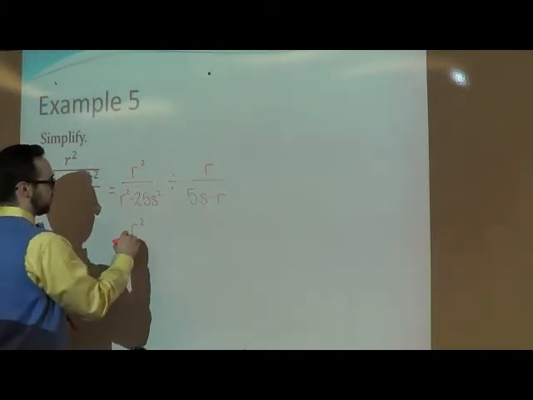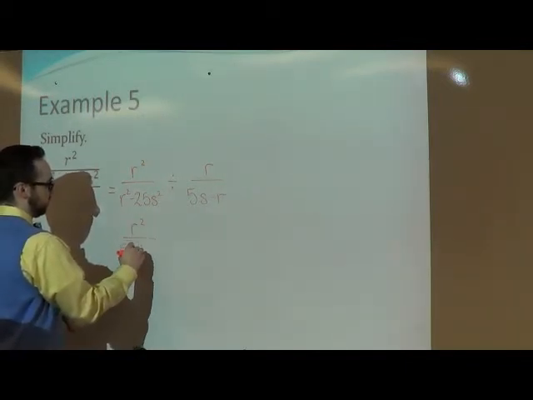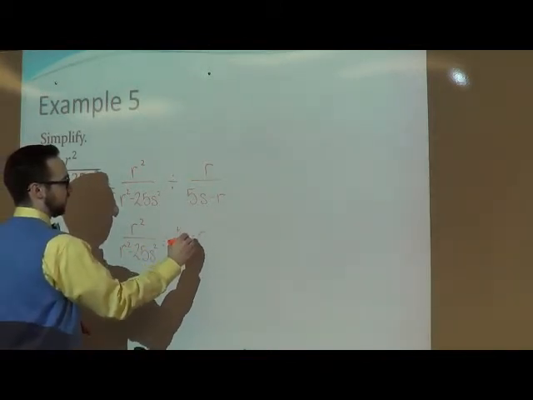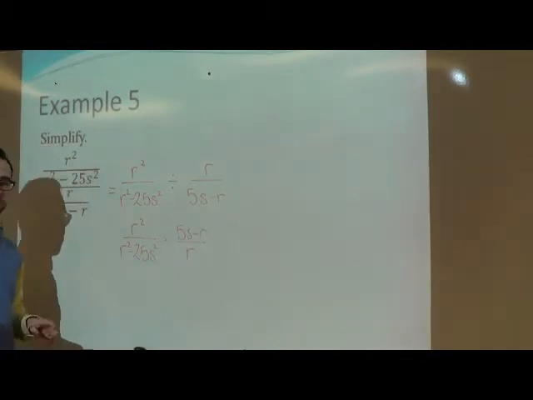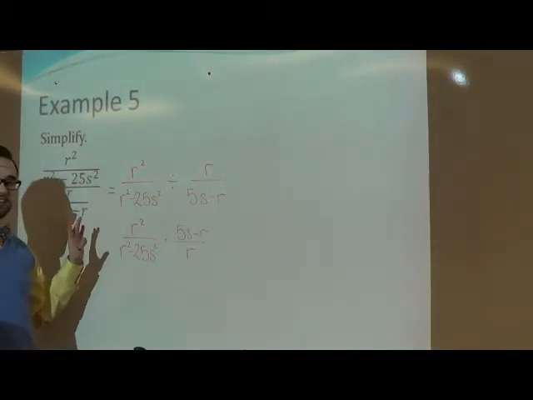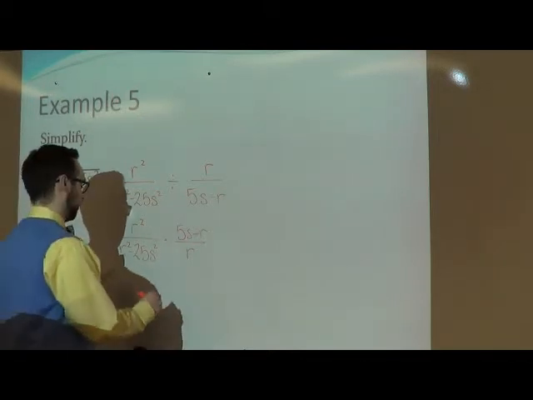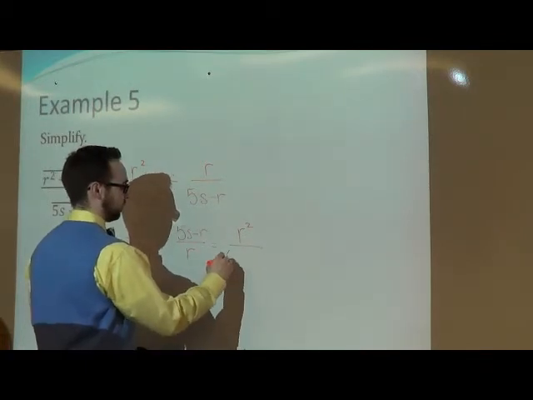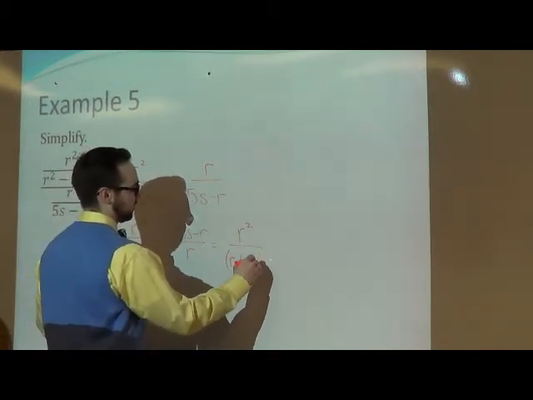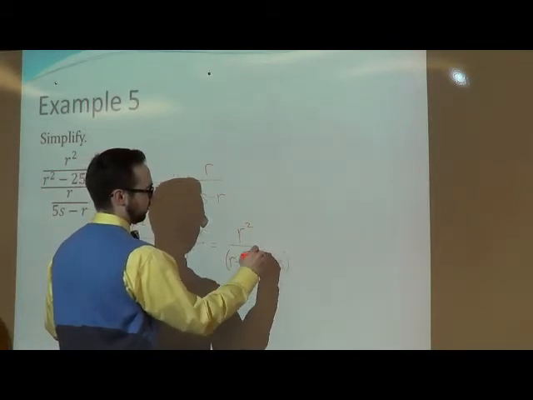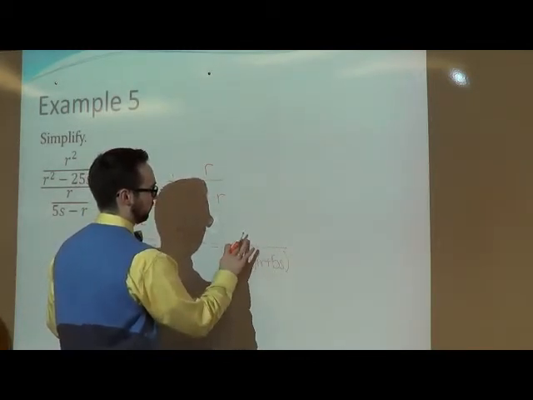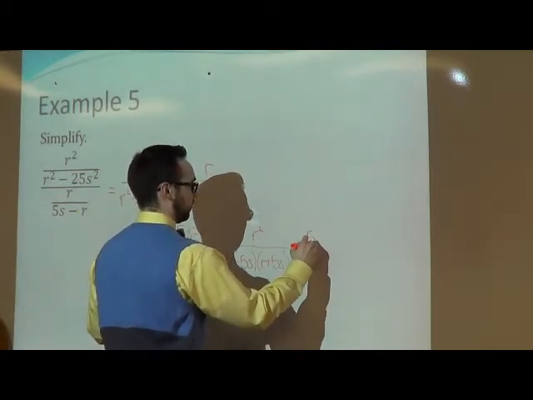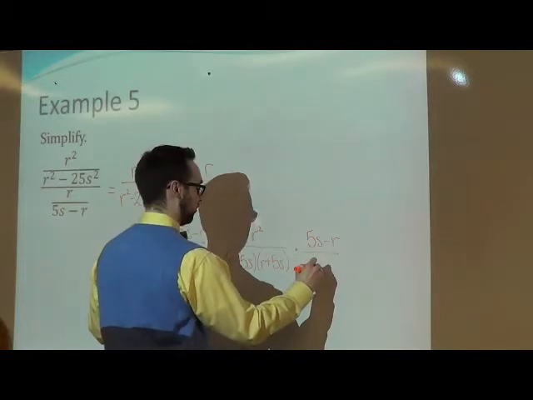So we have r squared over r squared minus 25s squared times 5s minus r all over r. Now we can cross-reduce. But I can't do that until I factor. So now we have r squared over r minus 5s times r plus 5s times 5s minus r all over r.